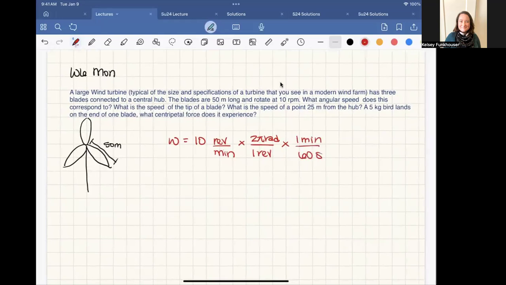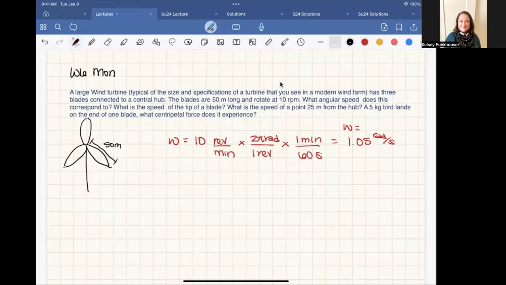And I will just calculate this really quickly. 10 times 2 pi divided by 60. Okay, that gives us an angular velocity of 1.05 radians per second. So that's our angular velocity, or angular speed, I guess is technically what they're saying in here, because we don't know the direction.